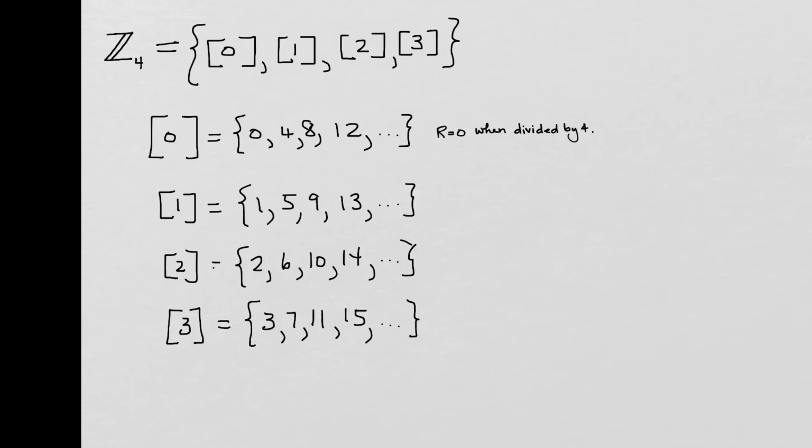All right. Then we have the equivalence class for 1: 1, 5, 9, 13, and so on. These are all one more than a multiple of 4. So for these, the remainder equals 1 when dividing by 4.